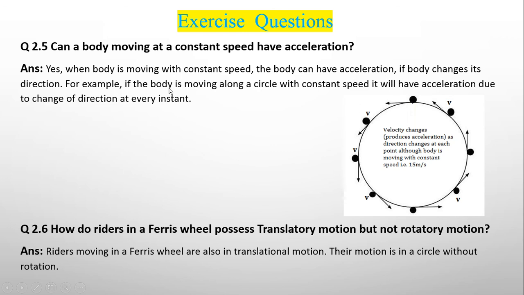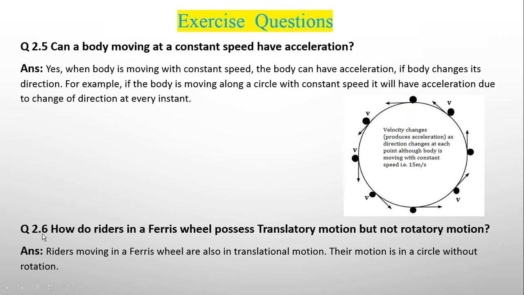For example, if a body is moving along a circle with constant speed, it will have acceleration due to change of direction at every instant. You can see in this figure, the ball is moving in a circular path, and at every instant its direction of velocity changes. So the change in velocity produces acceleration as direction changes at each point, although the body is moving with constant speed.